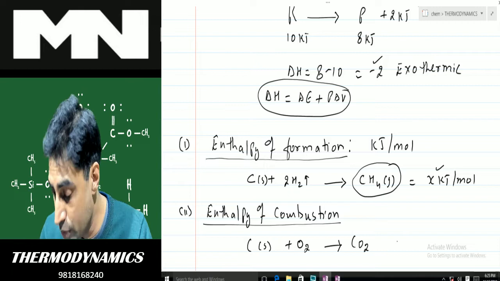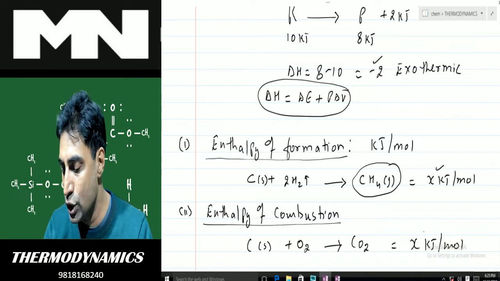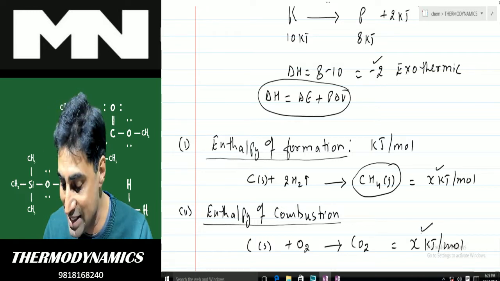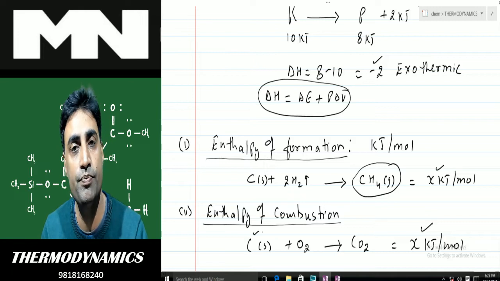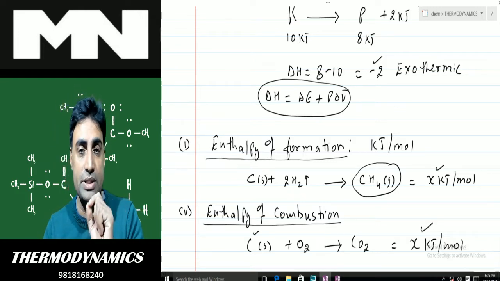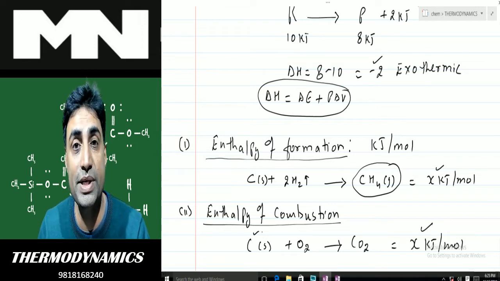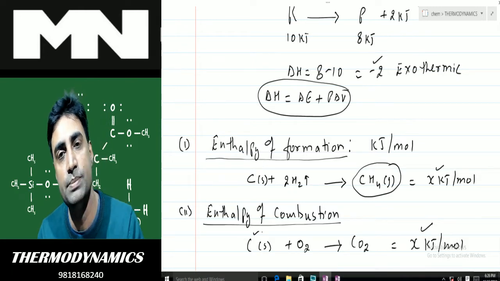And suppose in this process the energy given out is X kilojoule per mole. So X kilojoule per mole is the enthalpy of combustion of carbon. So what is enthalpy of combustion? Again, please listen to this statement carefully, and if you want you can write it down. It is the enthalpy change accompanying the process of combustion of 1 mole of a substance.